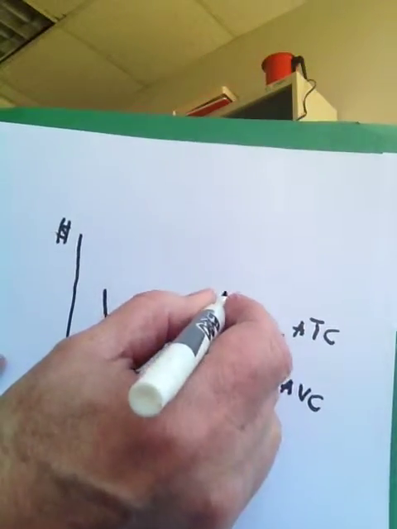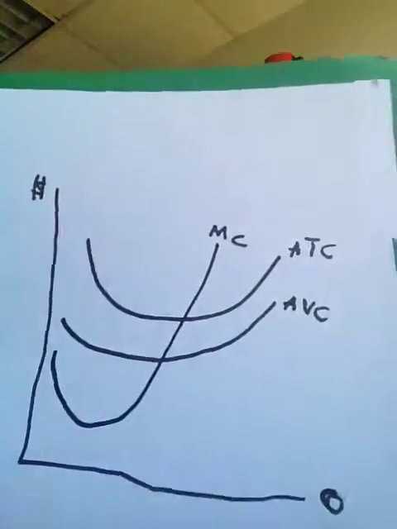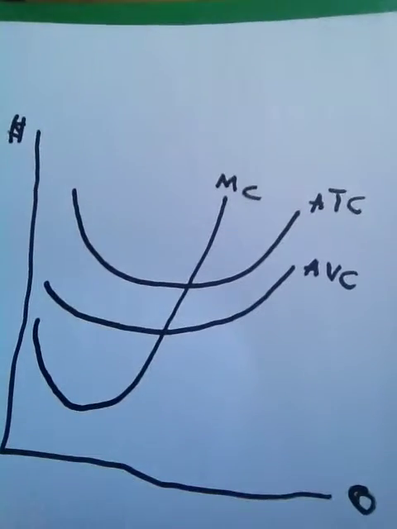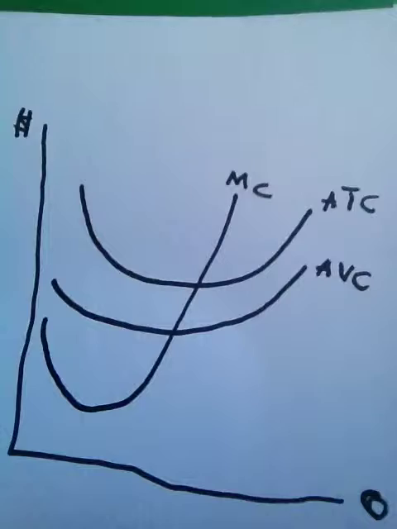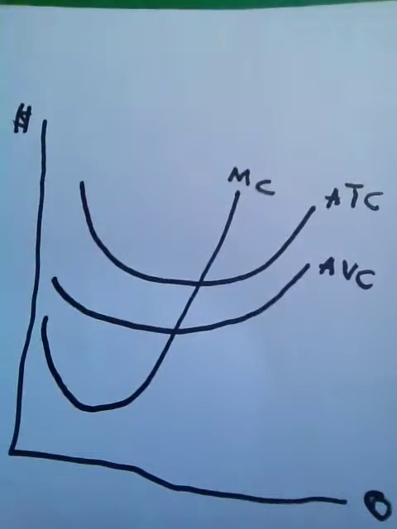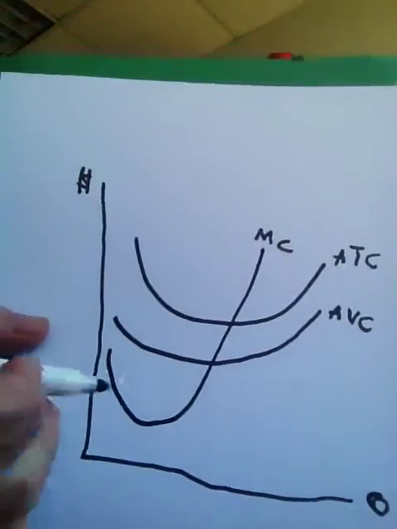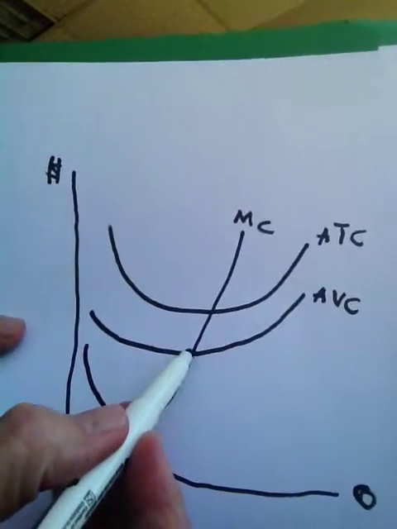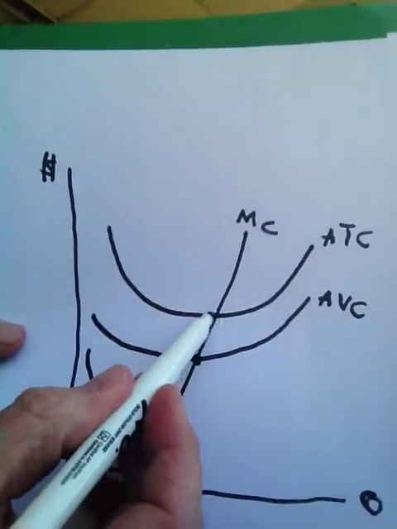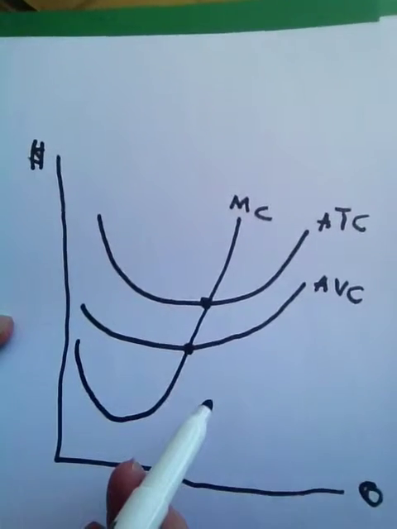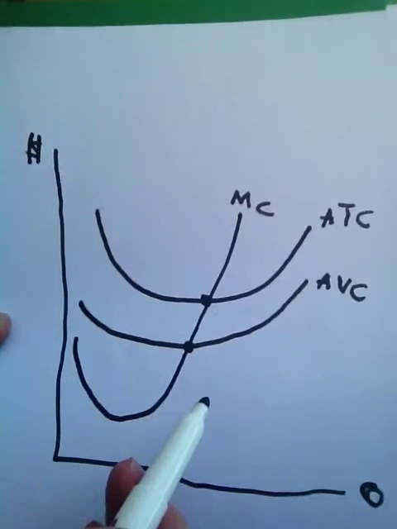So the marginal cost curve is going to look like this. If you look carefully, although I'm not the best artist in the world, and perhaps I'm the worst, you will notice that the marginal cost curve intersects the average variable cost curve and the average total cost curve at their minimum points.